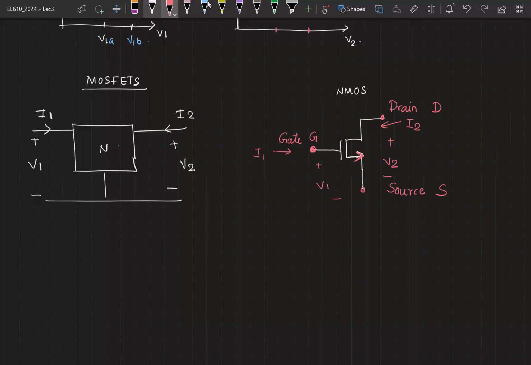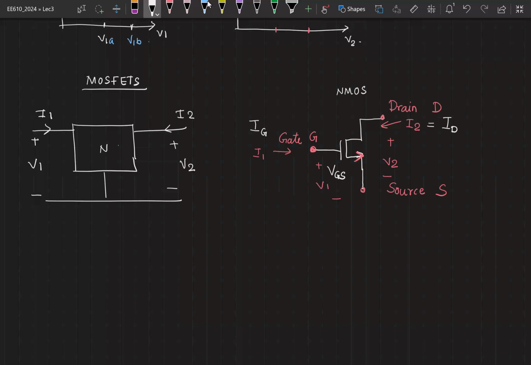Now in practice, we don't keep calling these I1, V1, I2, V2, etc. We call them based on the terminal notation for this particular device. So instead of I1, you have IG, or the gate current. Instead of V1, you call this VGS. The I2 is called the drain current.